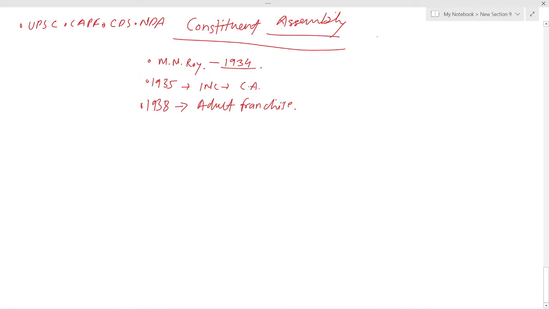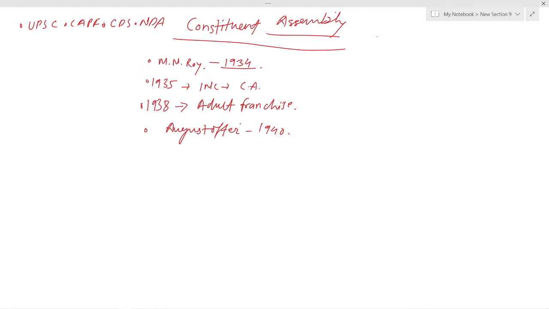The demand was finally accepted in principle by the British government in the August Offer of 1940. In 1942, Sir Stafford Cripps came to India with a draft proposal of the British government regarding the framing of an independent constitution to be adopted after World War II.